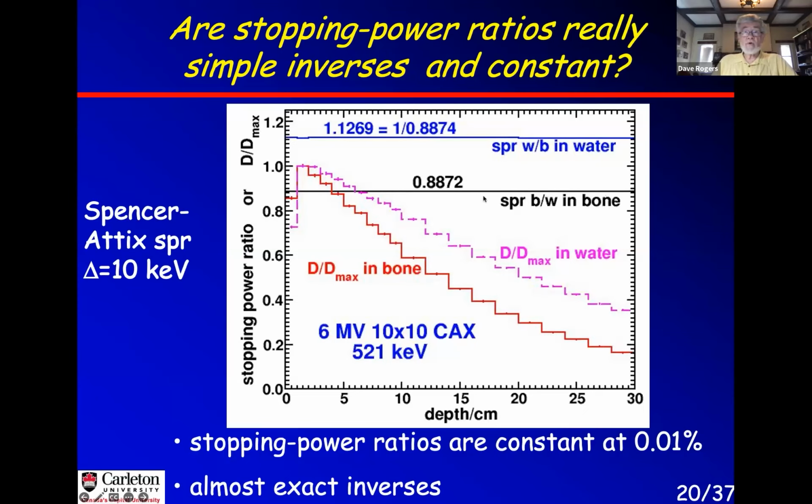Okay, and the good news is, if you look at these two numbers, this number here is 1/0.8874, whereas here I got a value of 0.8872. So the good news is they really are simple inverses in this case. And again, I apologize for going into those details, but it's just the kind of thing I happen to have done a lot of in my career.